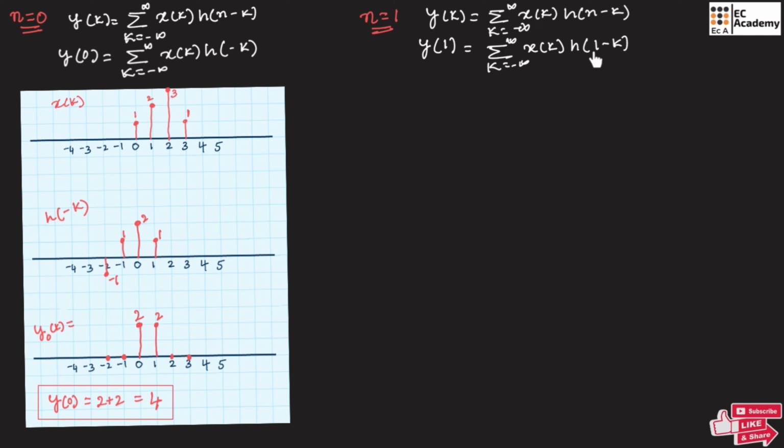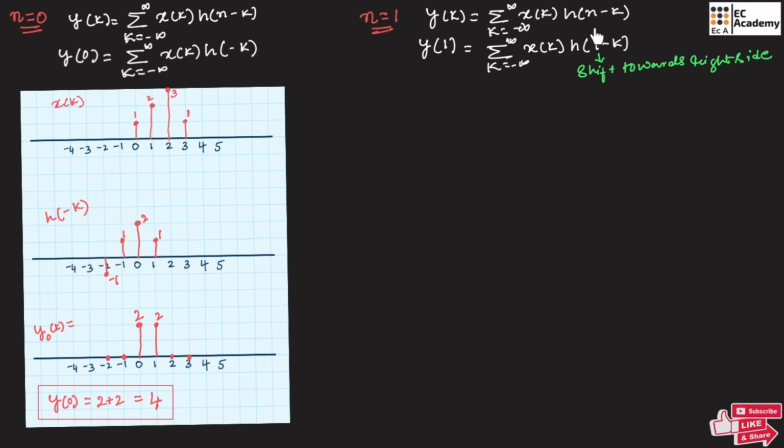Here we got 1 minus k, which means we got a positive value for n. So whenever you get a positive value, you need to shift the waveform towards the right side, depending upon the value. Since the value is 1, we need to shift the waveform towards the right side one division.